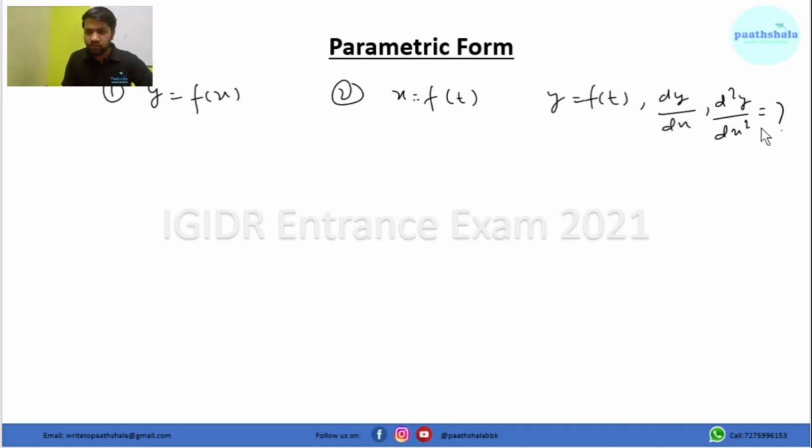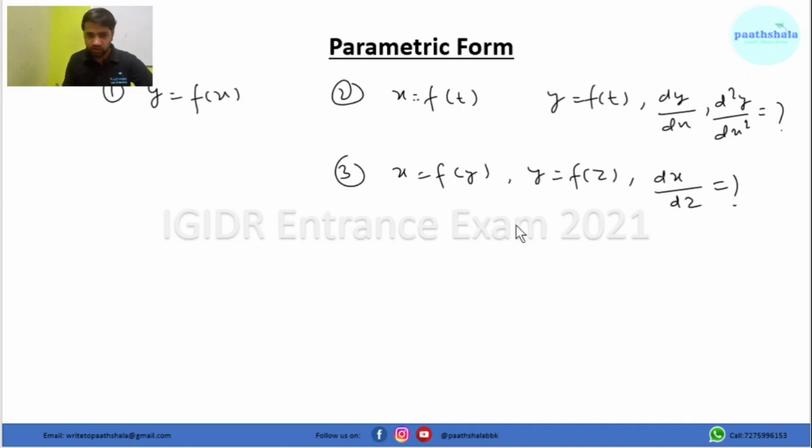Another could be, let's say, x is a function of y and y is a function of z, so they might ask you to find the differentiation of x with respect to z. Such questions can be asked and are covered in the parametric form.